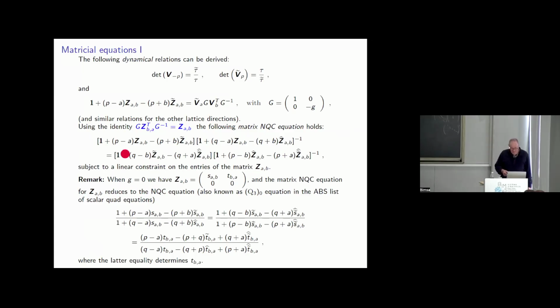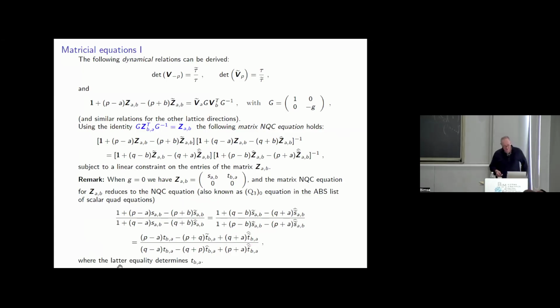If we take the curve to degenerate, so when we take G is 0, then the Z matrix just has entries on the first row, and then this system becomes just this system of equations, which is actually this Q30 equation. And there's another equation that links the T variable here to this combination there.